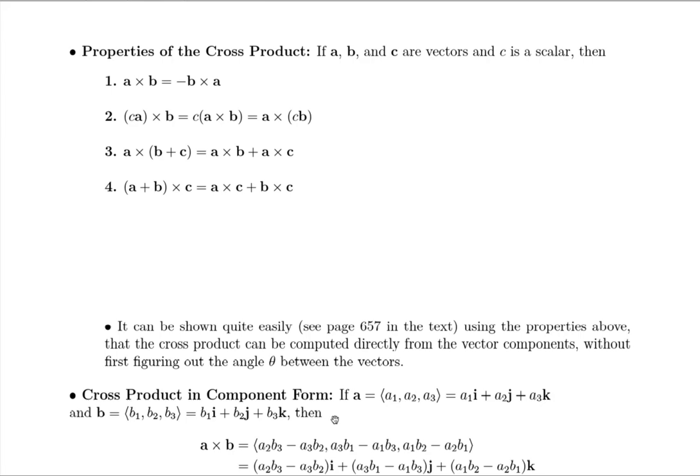Because so far, all we have right now is that A cross B is equal to the magnitude of A, magnitude of B, sine of the angle between them, times n. So you need to know the angle between them. So what if I don't?